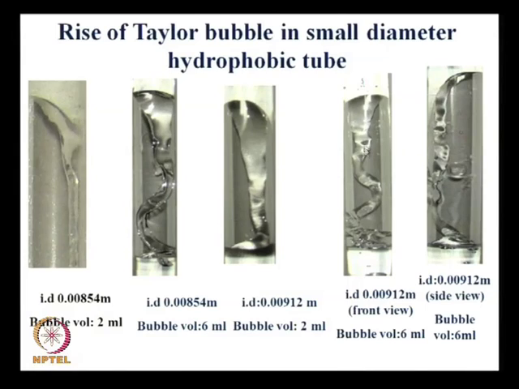It forms a rivulet sort of a thing which has a meandering motion, and the water flows as a rivulet while the bubble with a pointed sort of nose rises up. The shape becomes completely asymmetric and very different in the case of a hydrophobic tube, and very interestingly, the rise velocity becomes faster for the hydrophobic tube as compared to the hydrophilic tube.